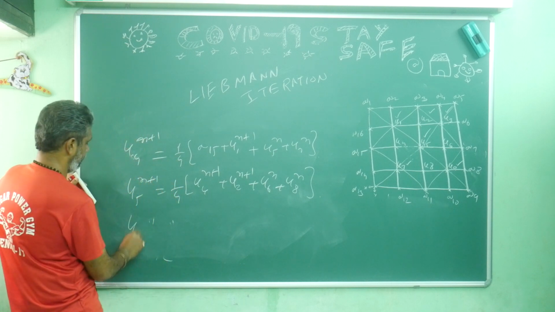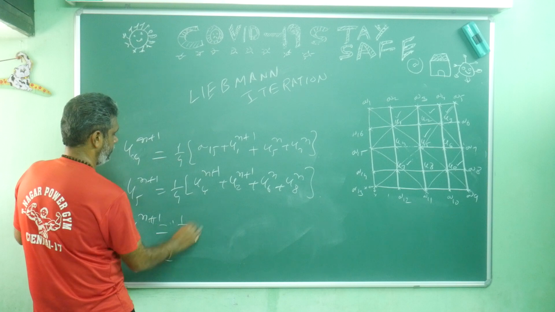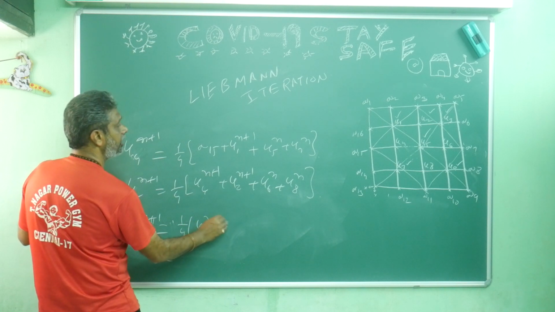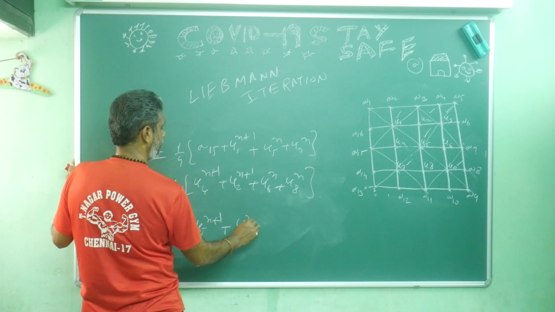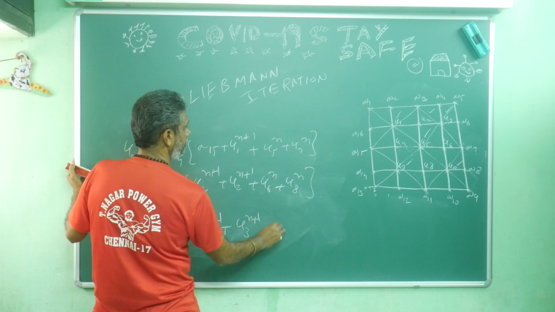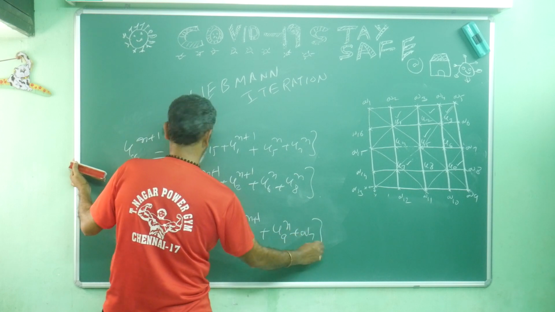Getting or not? Now u6 of n plus 1 is what? 1 by 4. Already u5 of n plus 1 I will get, u5 of n plus 1, u3 of n plus 1 plus u9 of n, a7 I know is fixed always.